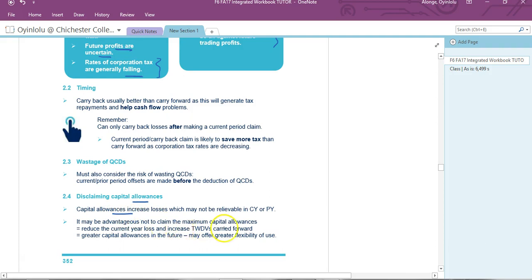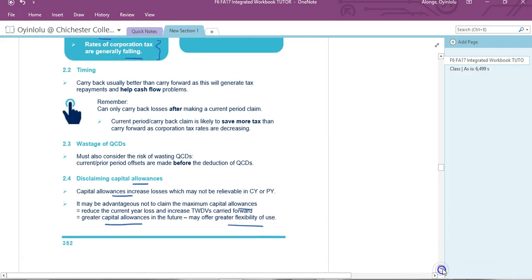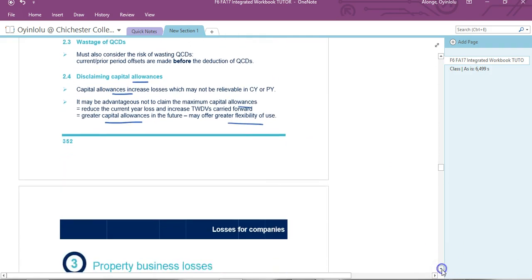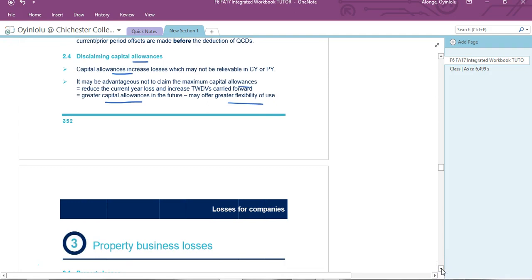So you may be better not to claim the capital allowances in that period if you feel that something's coming up, so you will have greater capital allowances in the future to use. So look through this again, and then like all things, when you do a question, you get to really apply this. Okay, great. In the next video, we'll talk about property business losses.